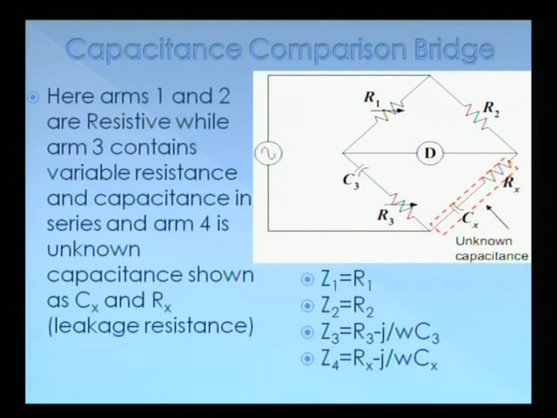So two arms R1 and R2 are resistive, while R3 has a variable resistor and capacitor, while arm 4 contains the unknown. The impedances are Z1 equal to R1, Z2 equal to R2, Z3 being a capacitive unit R3 minus j upon omega C3, and Z4 again a capacitive unit Rx minus j upon omega Cx. So these are the impedances given.